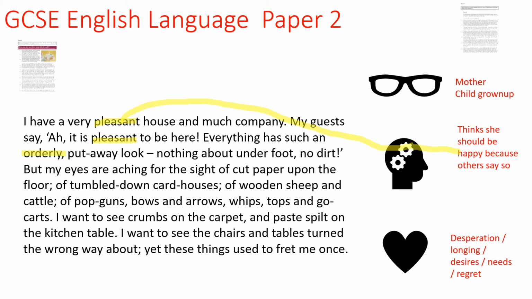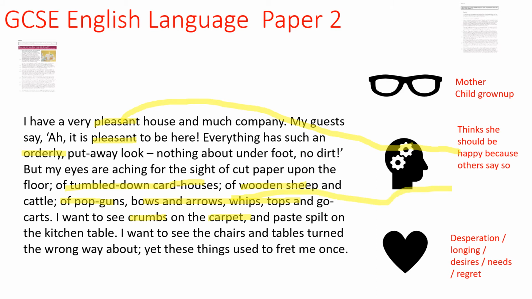She should be happy because her house is tidy. And then we've got this idea of lists, listing all the things that should be happening. And then we've got crumbs on the cup. We've got a bit of alliteration there. So you can see I've got lots of techniques that I can link into this idea of how she should be happy. There's a lot for her to be happy.